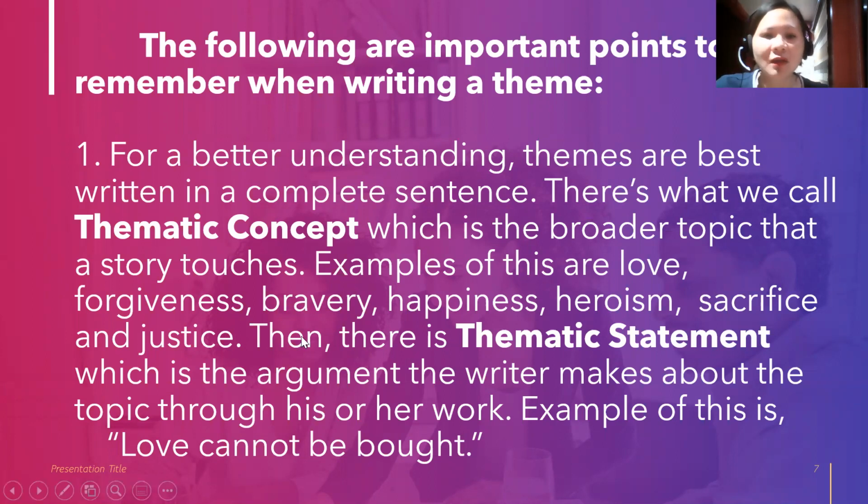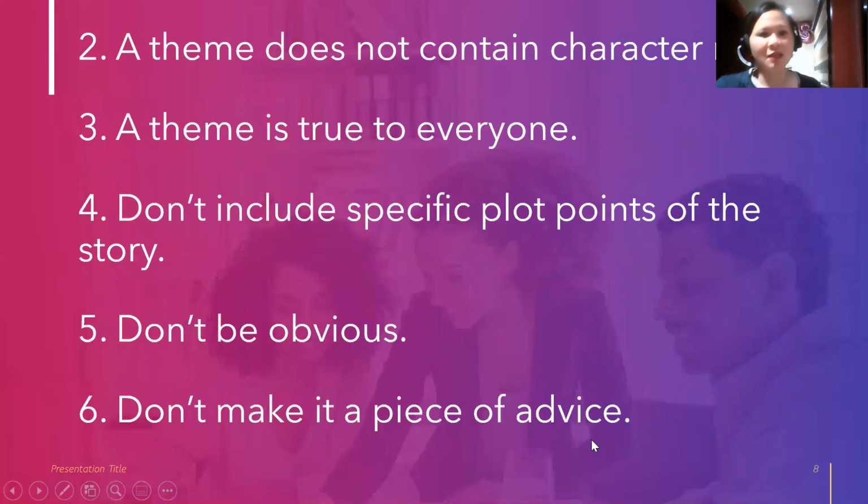Next, we have the thematic statement, which is the argument the writer makes about the topic through his or her work. Example of this is love cannot be bought. So since this is a statement, your answer must be in a complete sentence. All right, number two, a theme does not contain character names. All right, so remember that.